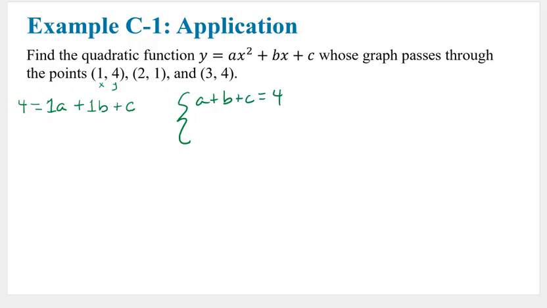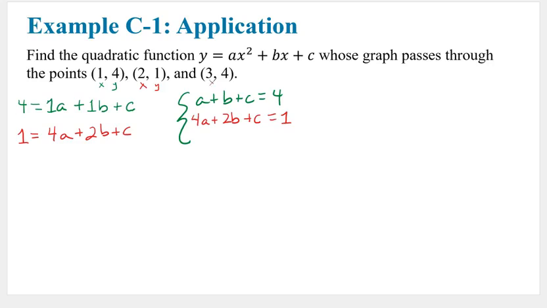There's my first equation. Now we're going to plug in the second point and see what that gives me. So the y is 1. So 2 squared is 4, so that would be 4a plus 2 times b, so that'd be 2b plus c. So there's my second equation, 4a plus 2b plus c equals 1.